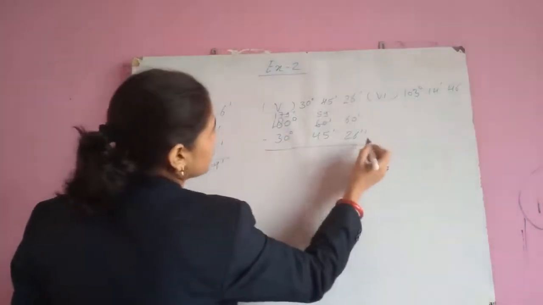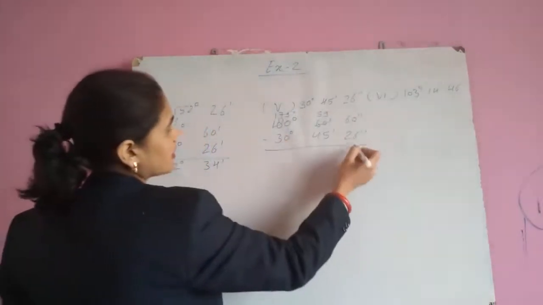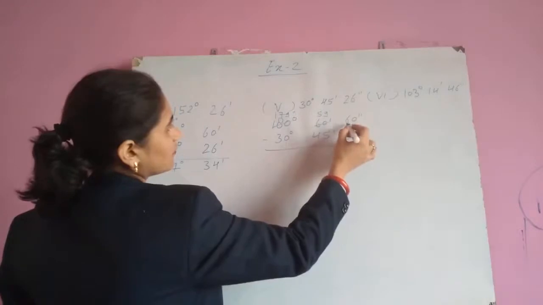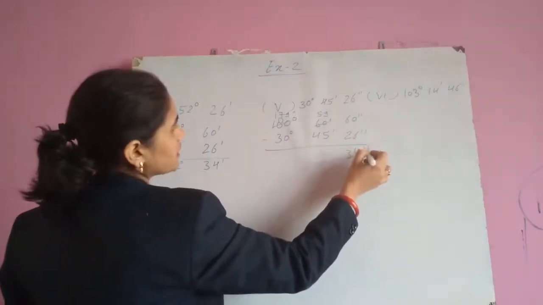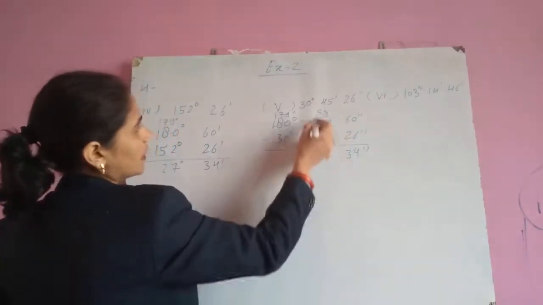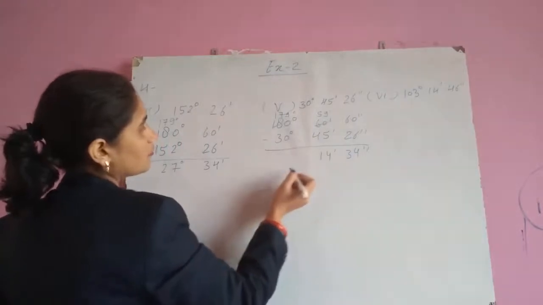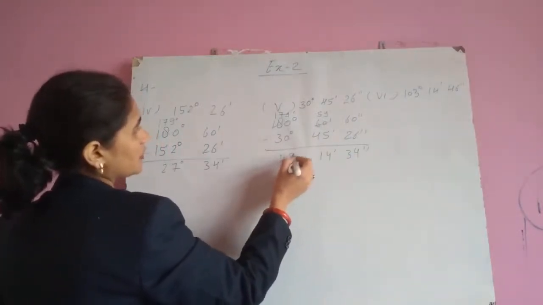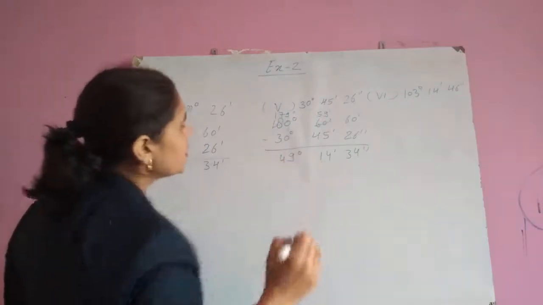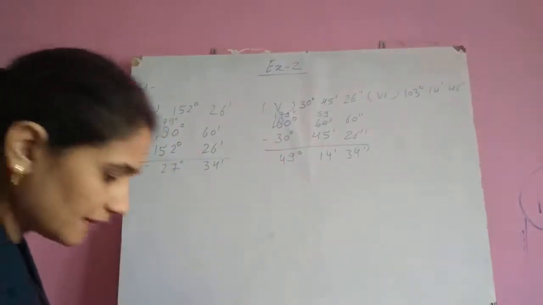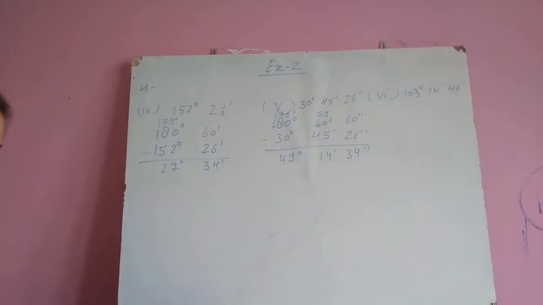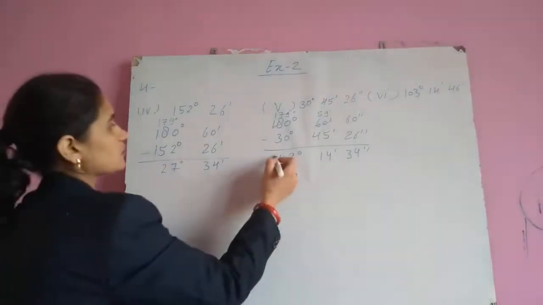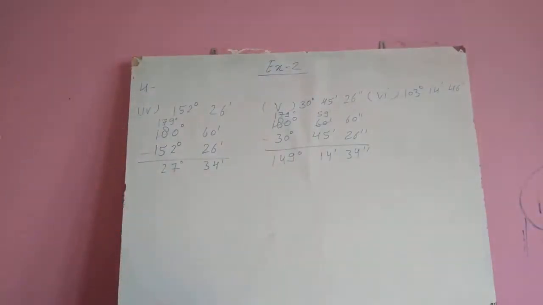Subtract this. 10 minus 6, 4 and here 5 minus 2, 3. 34 seconds. 40 minute and here 149 degree, 14 minute and 34 seconds.